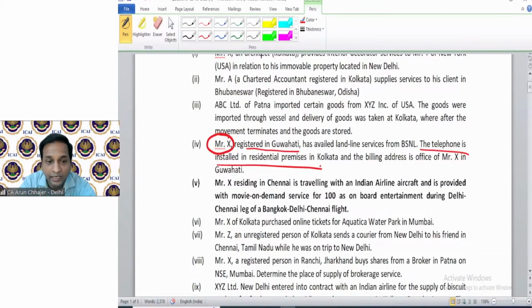Absolutely correct, Sriram. Now, Mr. X is registered in Guwahati, the telephone is installed in the residential premises in Calcutta, but billing is made to Mr. X in Guwahati.